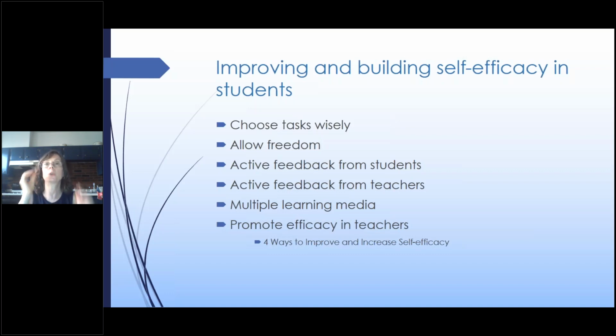And so you want to make sure that you provide a variety of sources. And also you want to provide efficacy in teachers. So teachers who have a positive sense of their own self-efficacy are able to recover from stress and maintain control. So this modeling increases self-efficacy in their students.